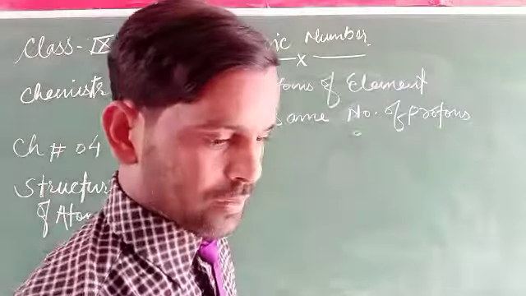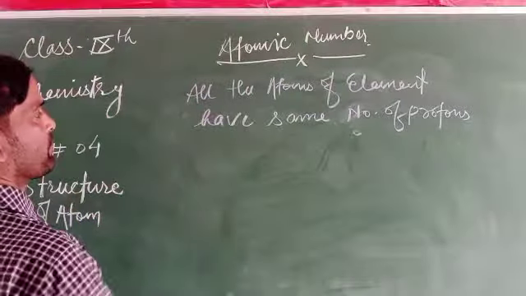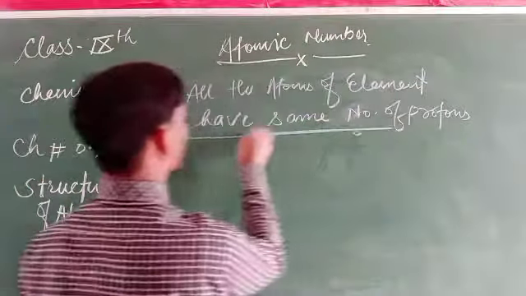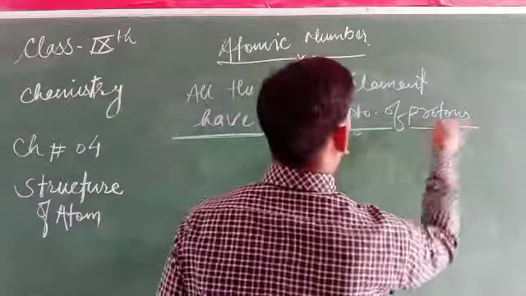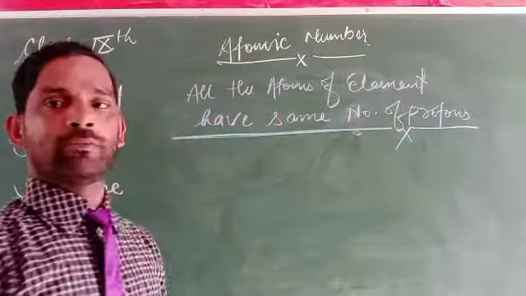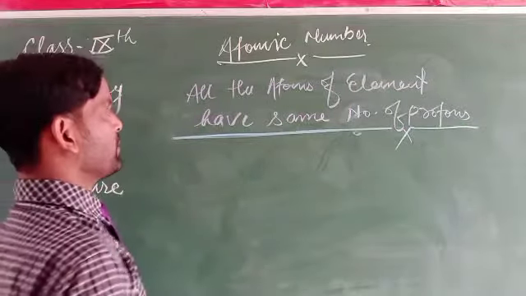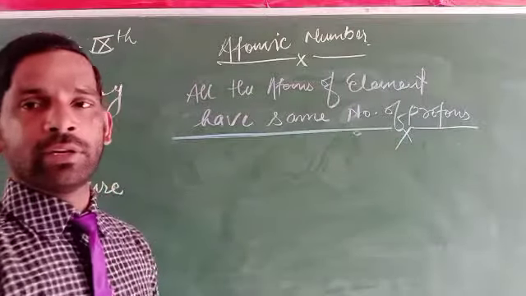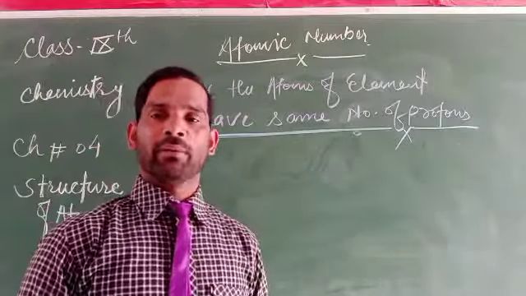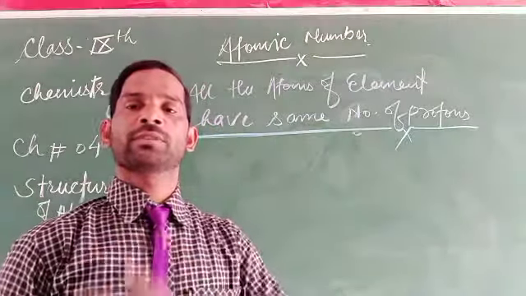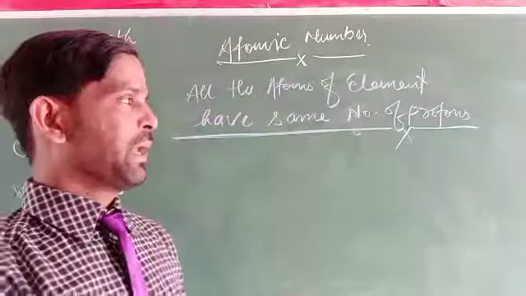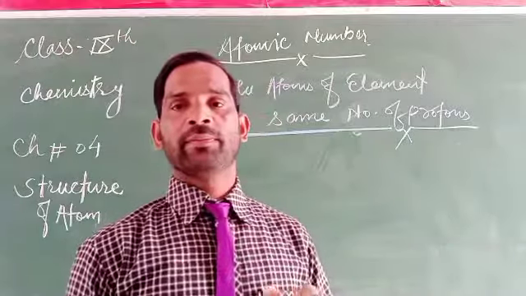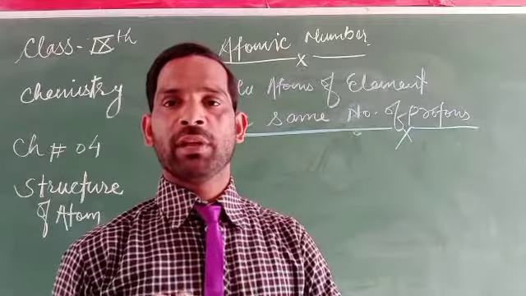Now, no two elements have the same number of protons. That means no two elements have the same atomic number. The number of protons will never be the same. Why?